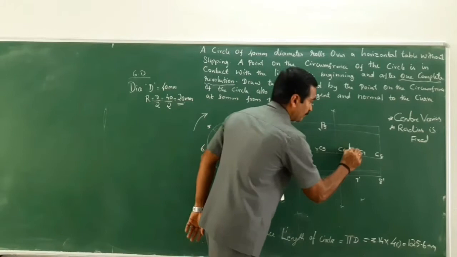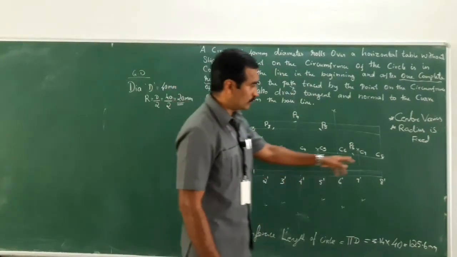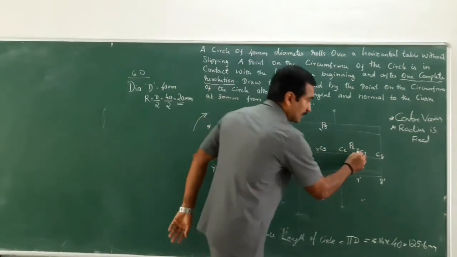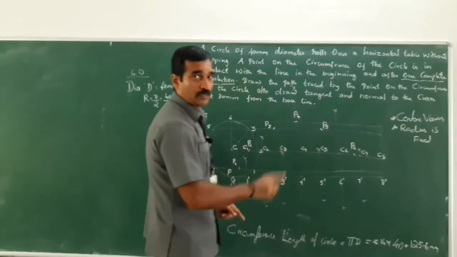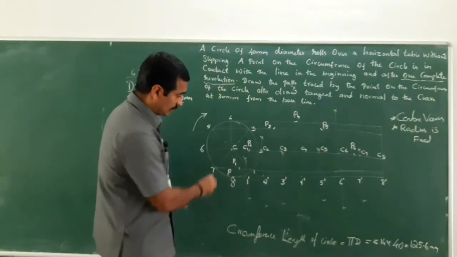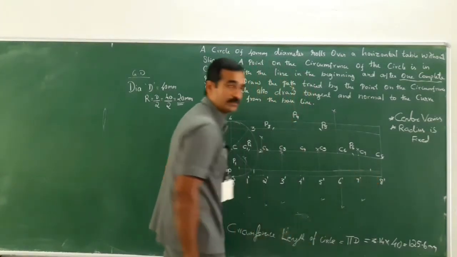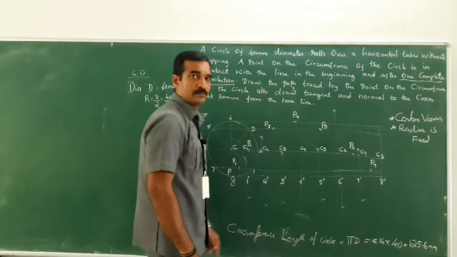So this could be P6. Now one leg at C7, cut an arc on the corresponding line 7. 7 and 1 coincide, lying on the same line, so somewhere here. So this could be P7, right?